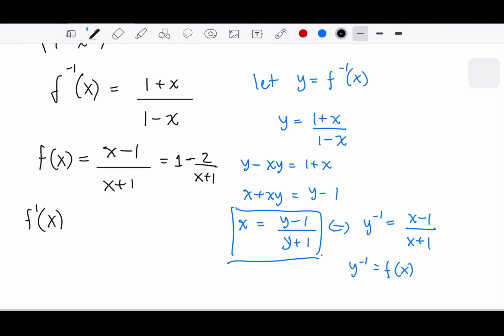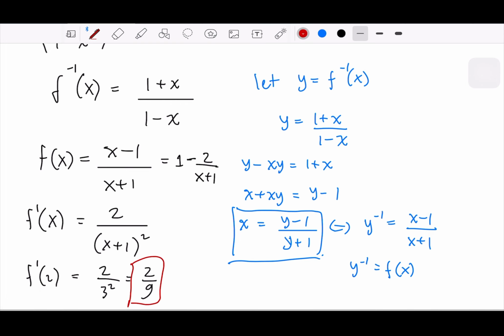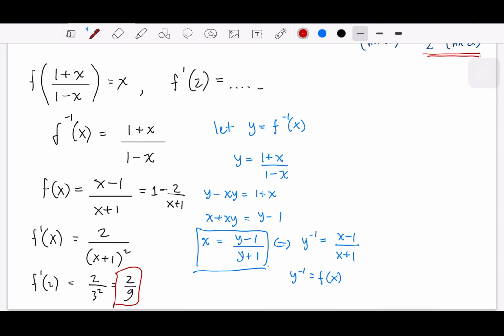So this will be resulting in 1 over x derived becoming negative 1 over x squared. It has negative, so negative will be gone. So we'll have positive x plus 1 squared. And when we have 2, then this will be 2 over x plus 1 squared. To make sure that we understand our steps here, let me just go here to see what's exactly going on.